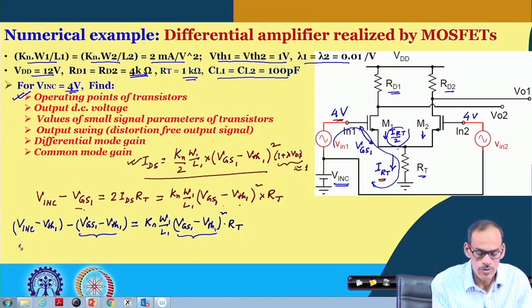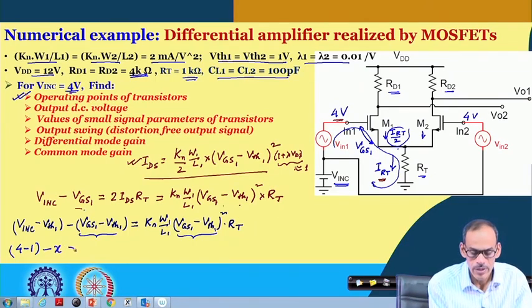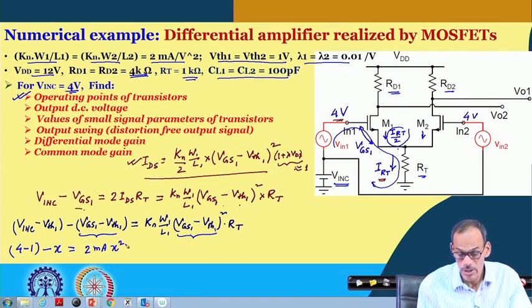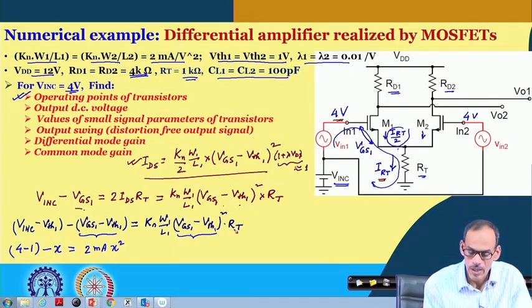So, this is 4 volt minus 1, VTH is 1, and let you call this x, equals 2 milliampere per volt square, this is x square, in fact the unit of x is volt, and then RT is 1 kilo ohm.